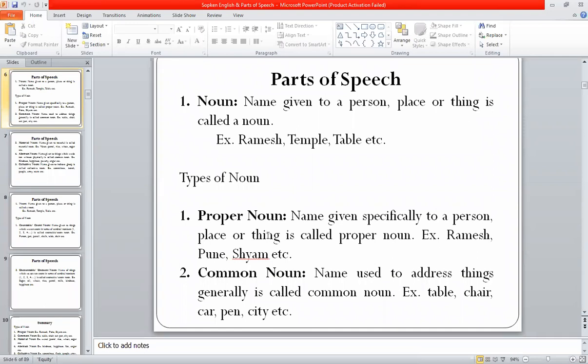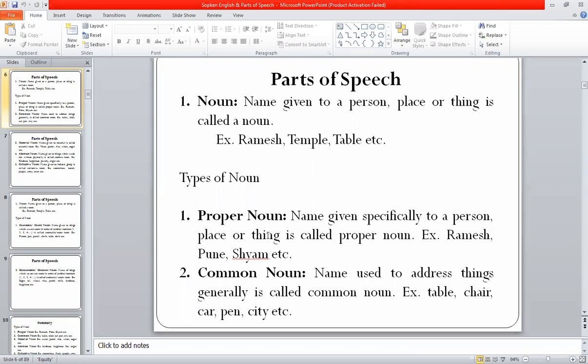A common noun is a name used to address things generally. So anything that is general in nature is known with the help of a common noun.